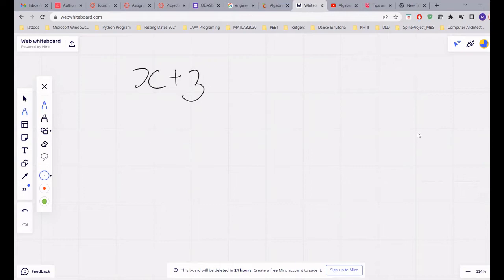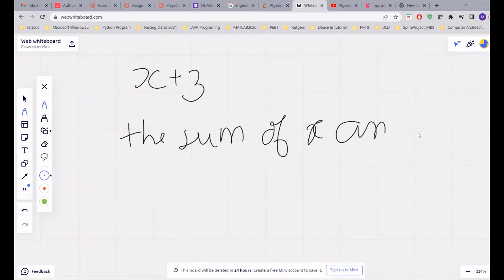Let me start. The sum of x and 3. This is one way of expressing it in words.